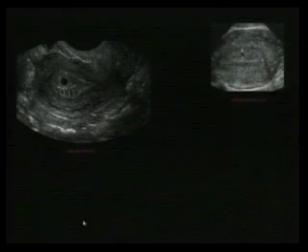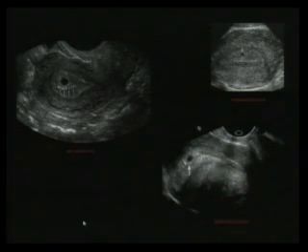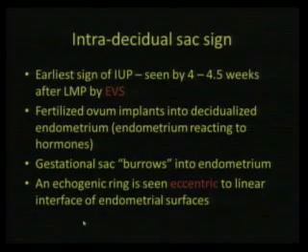Another example: here eccentrically located, here's the echogenic ring, and here's the center of the endometrium. This whole thing is the endometrium, and the sac is located eccentrically within it. Another example: here's the endometrial surface, here's the sac, and here's the echogenic ring, the surfaces abutting one another. That's called the intra-decidual sac sign.